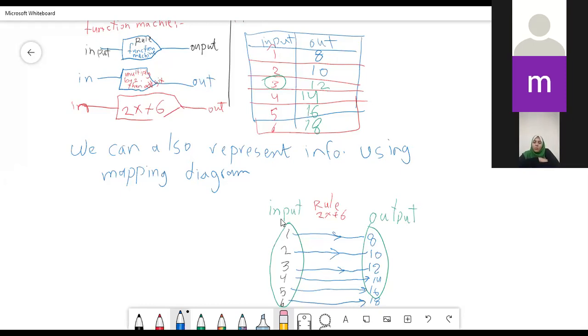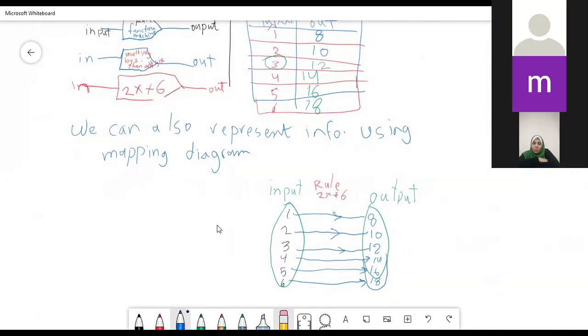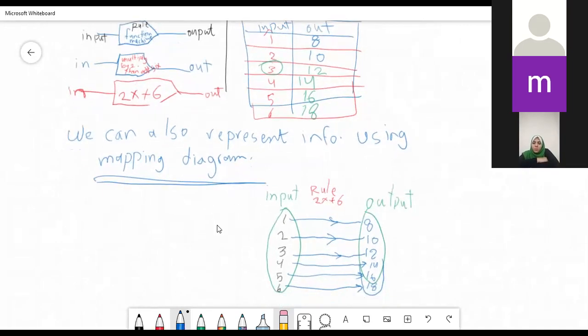Okay. This is called what? This is called a mapping diagram. So we can use a table or mapping diagram to show the information of the function machine. Is that clear? Yes.